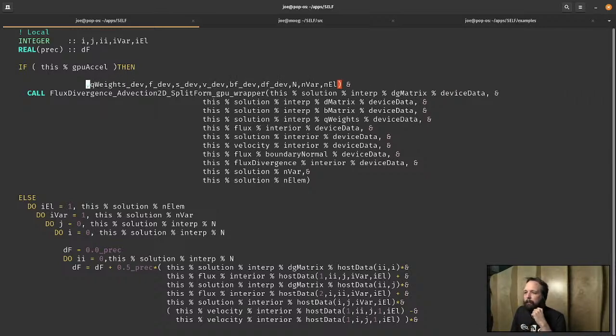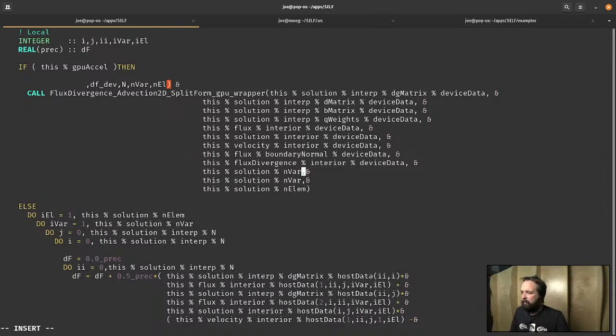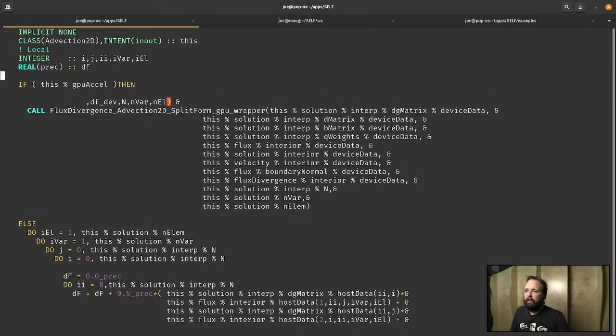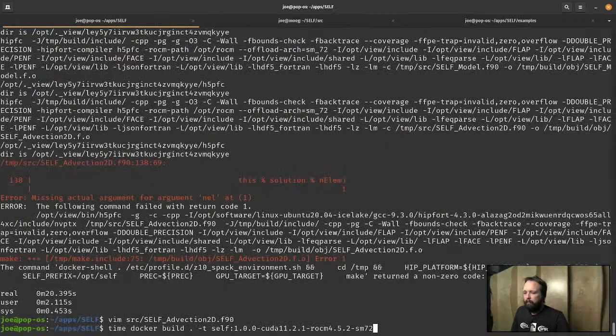B matrix, yep. Q8s, yep. Flux, yes. Solution, yes. V, yep. BF, yep. DF, yep. I'm missing the interpolant degree. Damn, that's not too bad. I'll take that. Build it again.